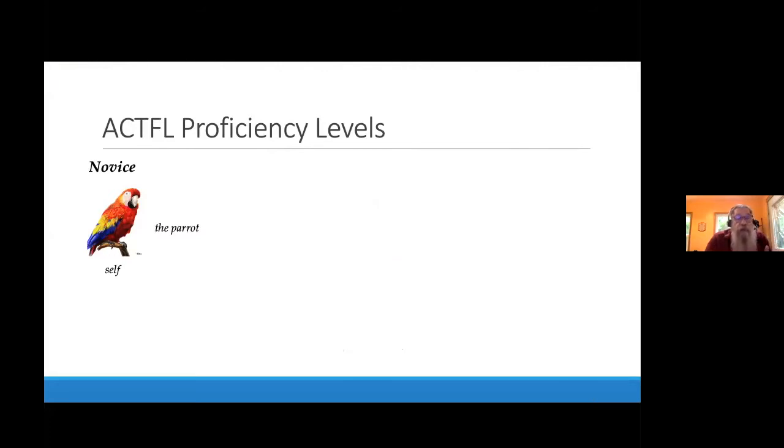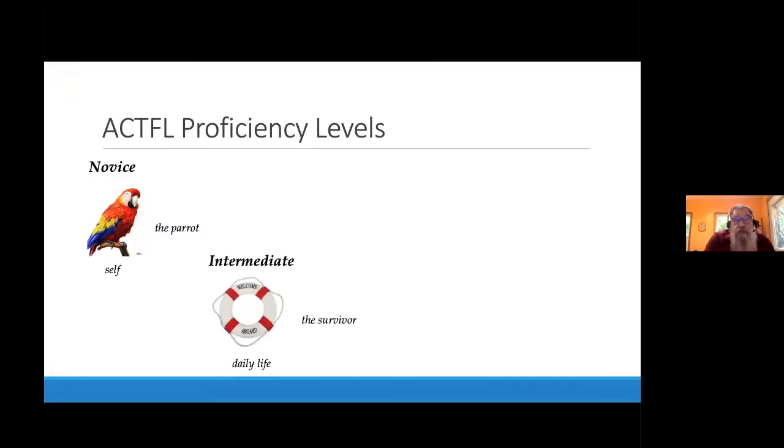They speak primarily at the word and phrase level. They're talking about a very small world, about themselves. And usually novices are responding to others and don't usually initiate the conversation, and they usually don't formulate original questions. They may have language chunks that are whole questions, but they don't formulate original questions.